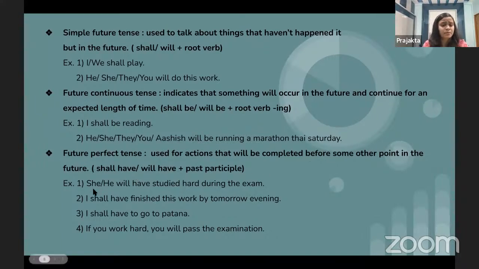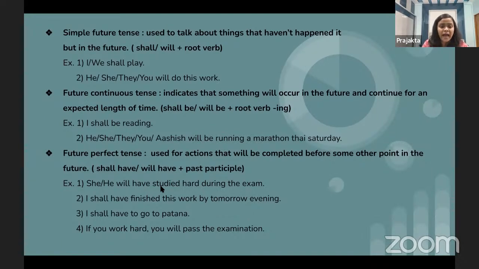See this example. She will have studied hard during the exam. We have used will have here and the ed form of the main verb, the past participle.